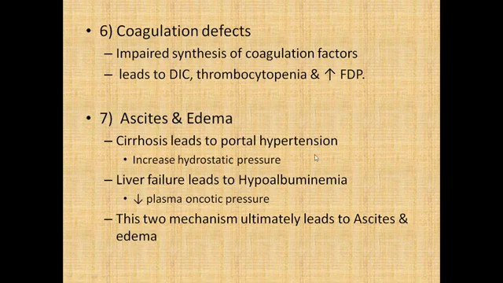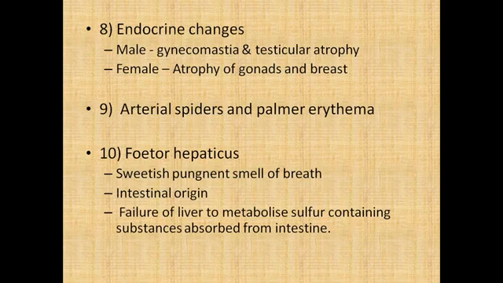Cirrhosis leads to portal hypertension, which leads to increased hydrostatic pressure, and liver failure leads to hypoalbuminemia, which leads to decreased plasma oncotic pressure. So both situations are there. These two mechanisms ultimately lead to leakage of fluids from vessels and formation of ascites and edema.